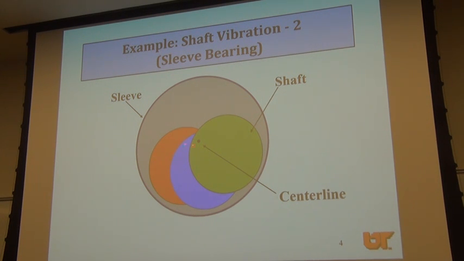Then you can have a little bit of vibration caused by movement of this shaft around its center line. It's a little bit off center, so it's going to move around, and also it may do a little bit of sloshing. It's not going to rotate properly. So this is one cause of vibration.